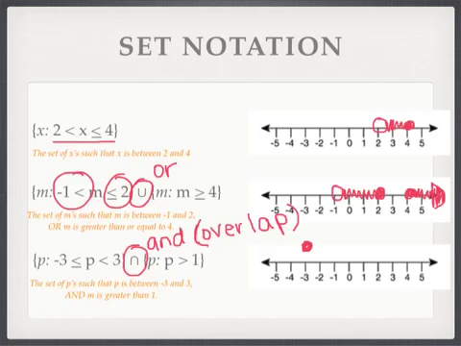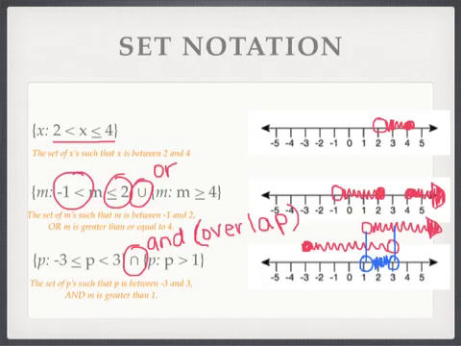Positive 3 is an open circle. And I'm shading in between. And then also p is greater than 1 means an open circle on 1 and shade everything to the right. So can you see your overlap now? From 1 to 3, and they're both open circles. So open, open, shade in between. And that would be your final answer.